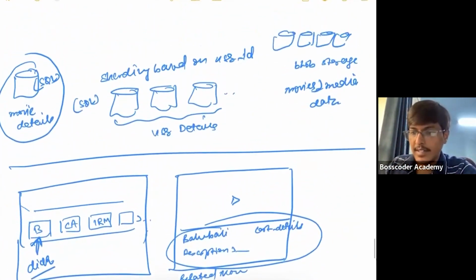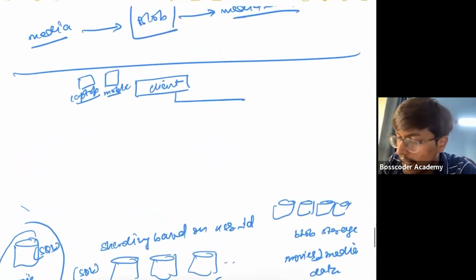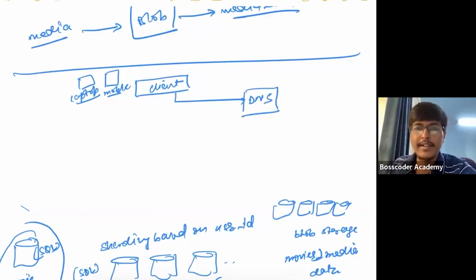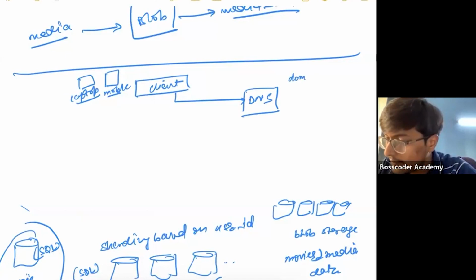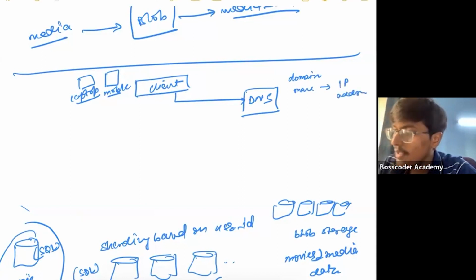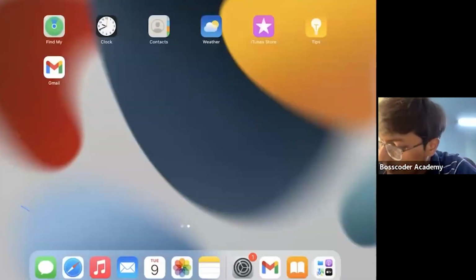Tell me. You will first go to a DNS server. DNS is basically domain name service. It takes a domain name and gives you the IP address of the machine that is hosting the service, right?